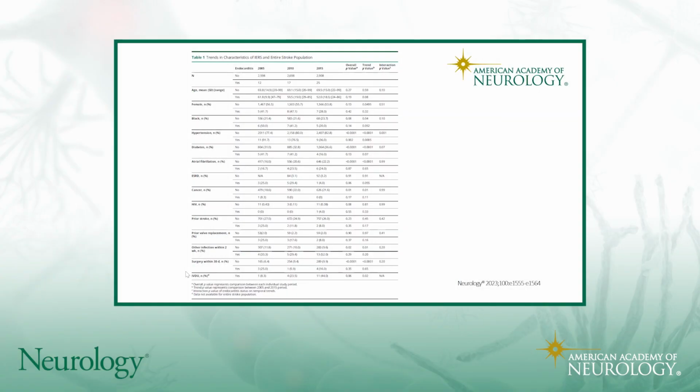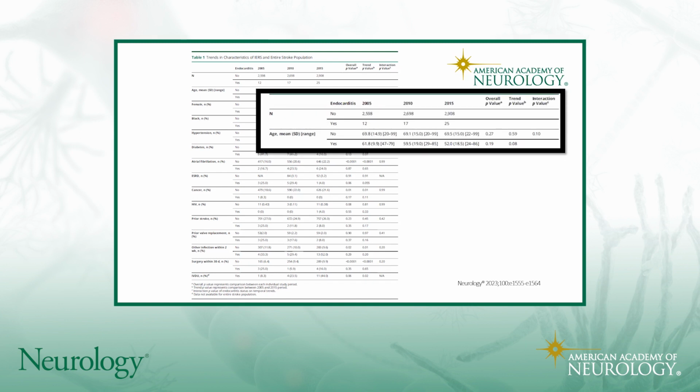So this table from the paper shows trends and characteristics of infective endocarditis-related stroke and the entire stroke patient population from this study. The authors studied a total of 54 cases of infective endocarditis-related stroke and over 8,000 cases of stroke from other etiologies.